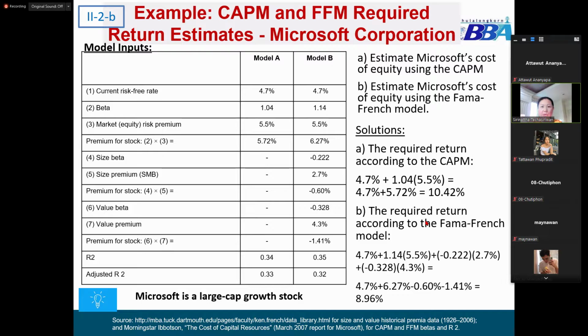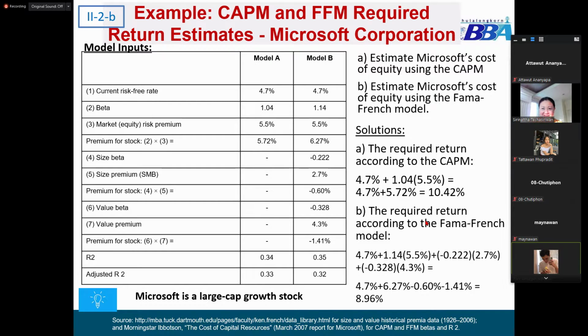But model-wise, when you run a regression, if the return of the stock and the market are mostly in opposite directions, in this case it can be negative, but from my experience, I cannot find any actually.